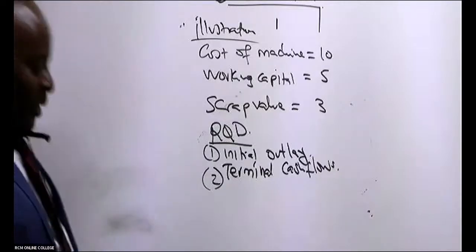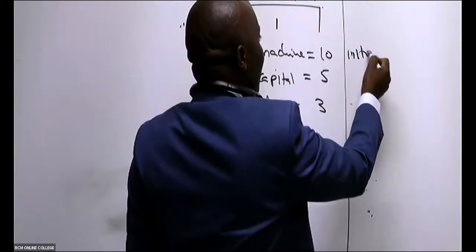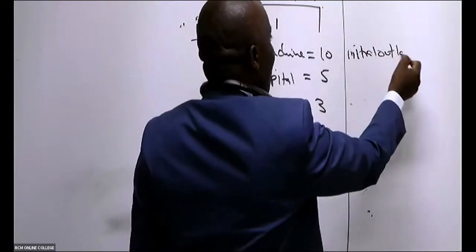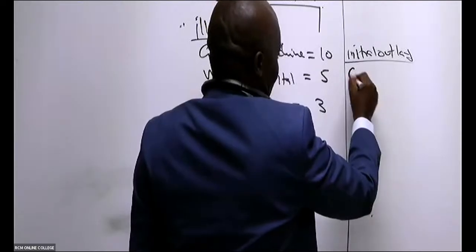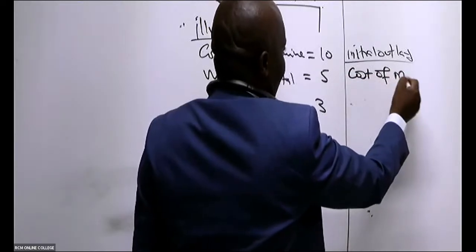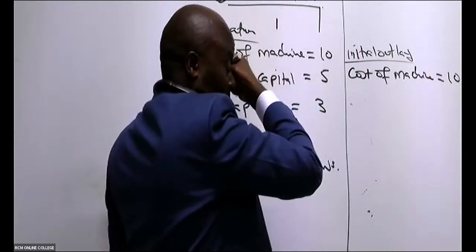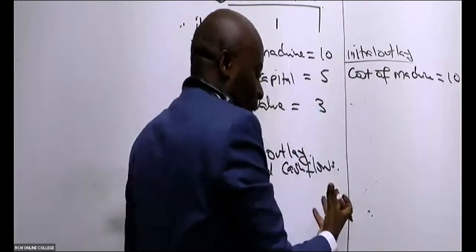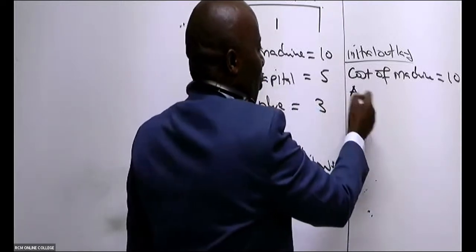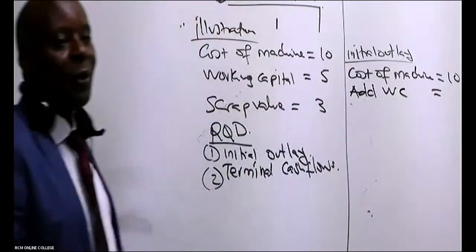So I would expect you to calculate the initial outlay. Let me do the first one for you. Initial outlay, in this particular case, will be the cost of the machine. Initially we will be required to pay 10. And this machine cannot operate itself, you need some working capital. So you add WC, which stands for working capital.